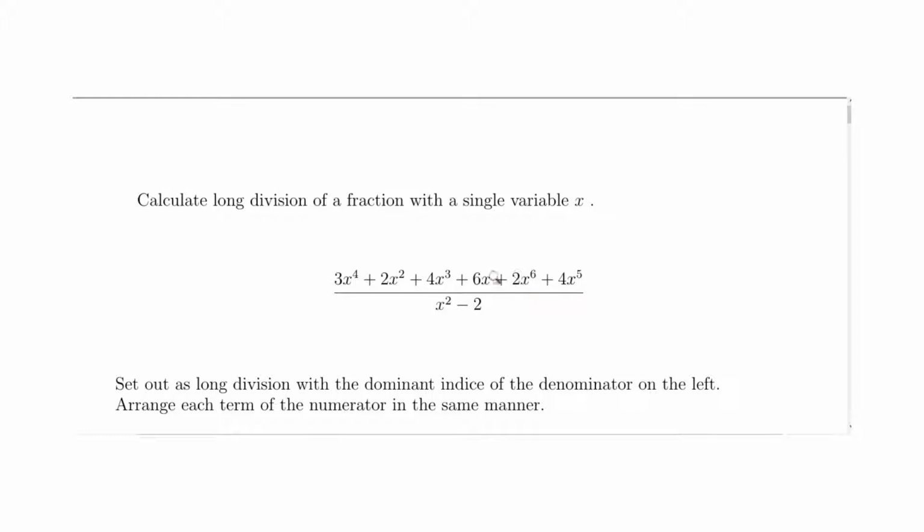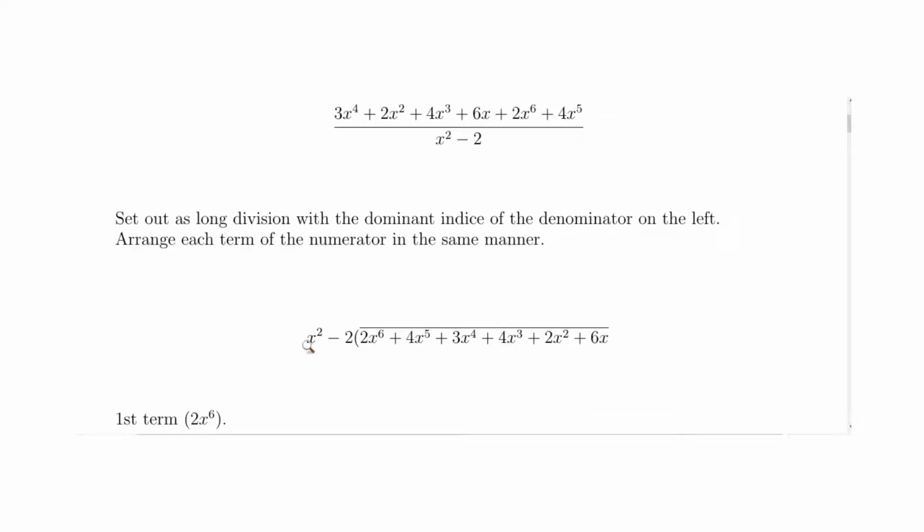The indices here are 6, 3, 2, 4, 5, so we arrange them in numerical order. In the denominator, obviously the x squared is the one we're interested in, so that will go first. So we set that out first like this: x squared minus 2, and then I've arranged these, as you can see, in order of power. That's how we set them out.